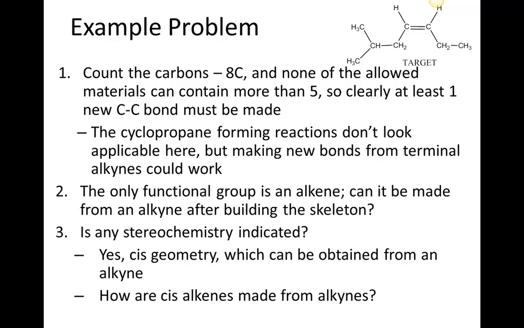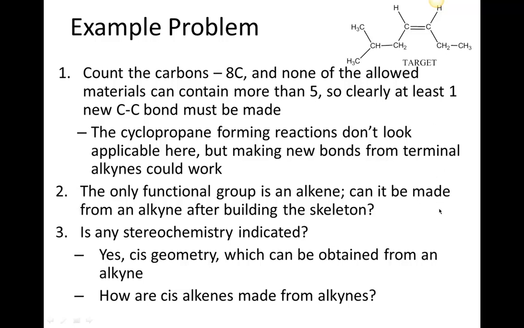Well, what about this alkene? Don't we know a way to make an alkene from an alkyne? You could take a triple bond and make it into a double bond. We did talk in this chapter about doing that. And not only that, if you look at this, there is some stereochemistry. This is particularly a cis double bond.